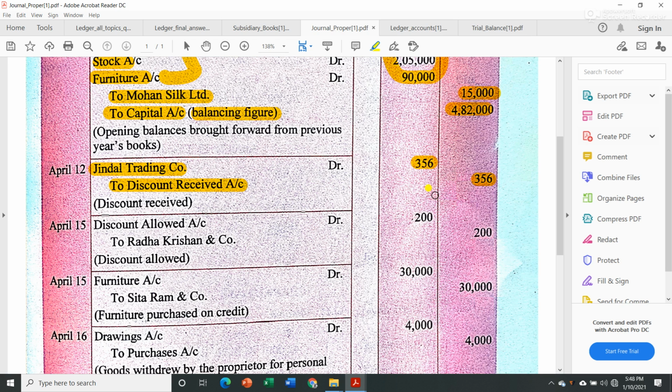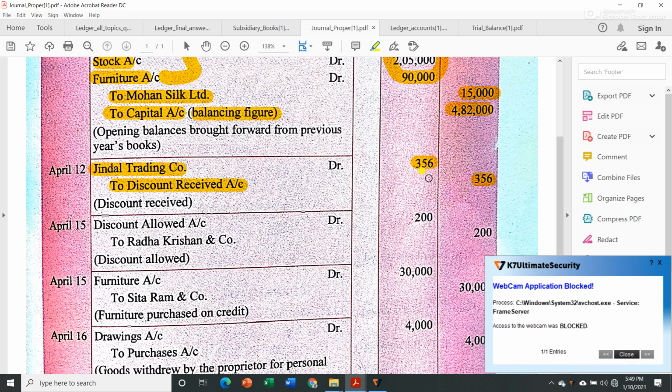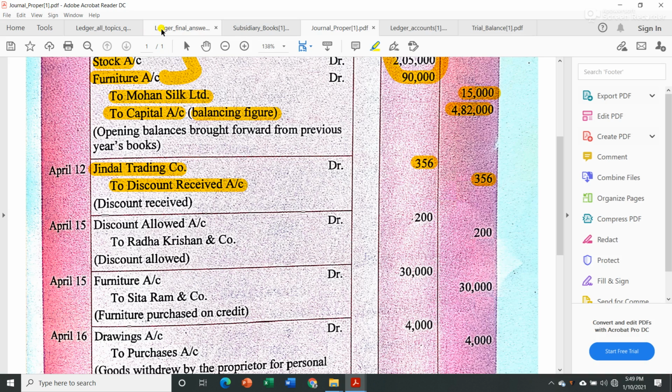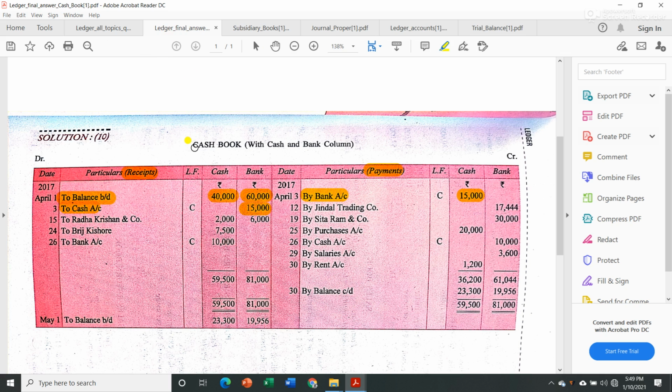Now, after deducting this 356 from 17,800, the remaining amount we had to pay. For that amount, we issued a check. When we issue a check, it will be deducted from our bank account. So on the payment side of our cash book, we will write by Jindal Trading Company, and in the bank column we will write 17,444. I hope you understood.